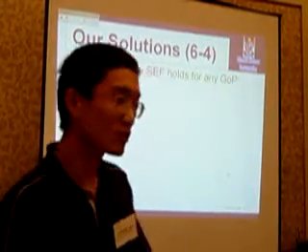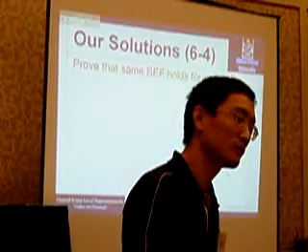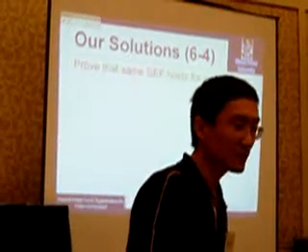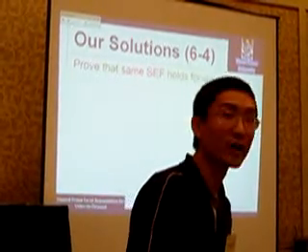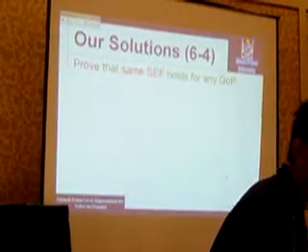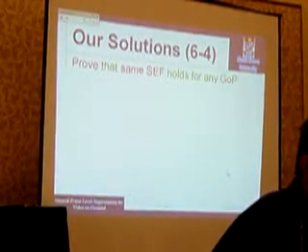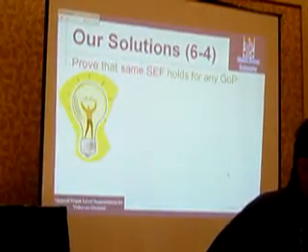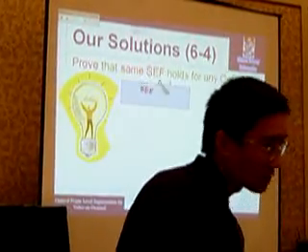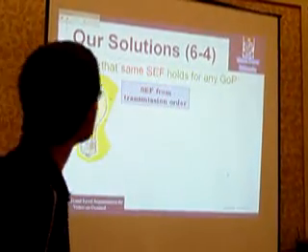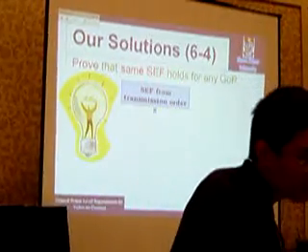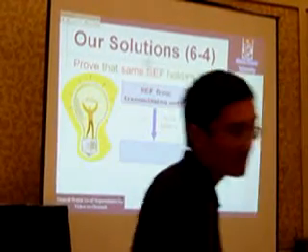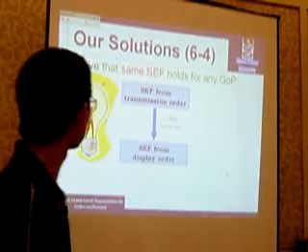Okay. Also, we prove that the same SEF holds for any GOP. A GOP stands for group of pictures. The idea is very simple: we prove that the SEF from transmission order is the same as the SEF from display order.